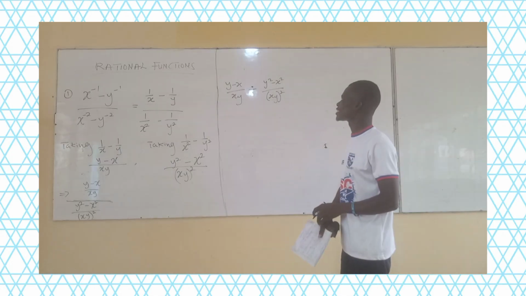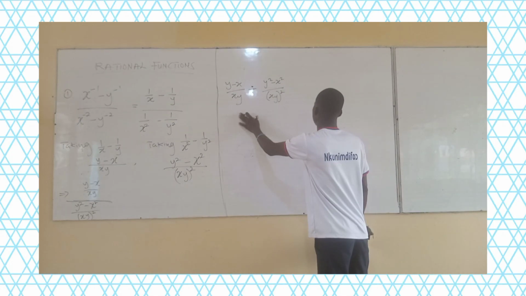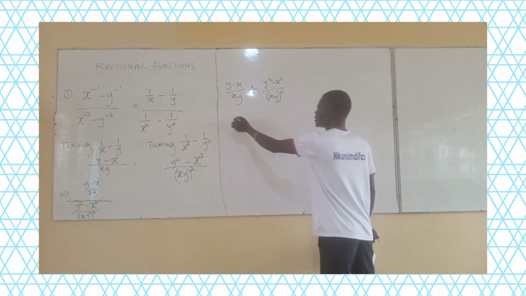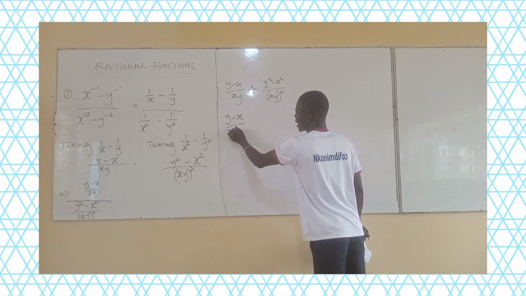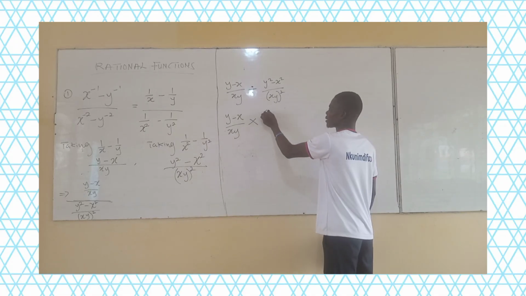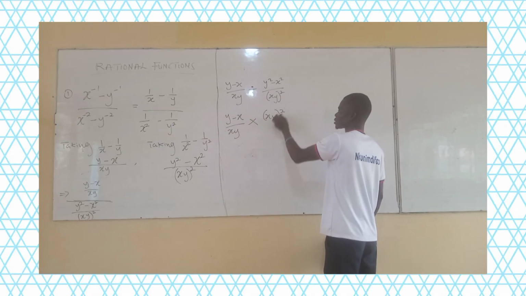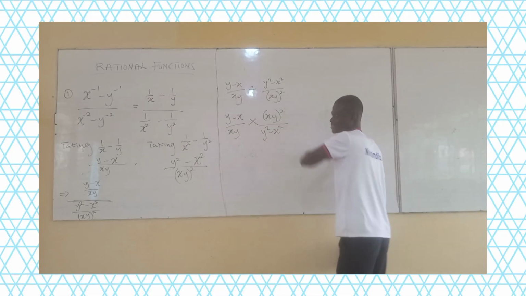We can also rewrite this expression as y minus x over xy times the reciprocal, xy all squared over y squared minus x squared.